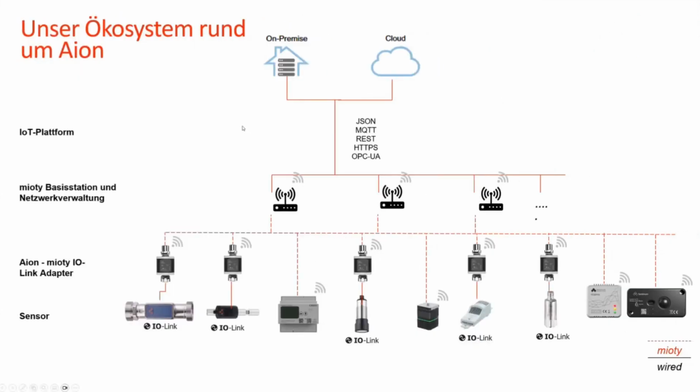What does the ecosystem around it look like? You have a really broad range of sensors that you can take. For example, IO-Link vibration sensors, IO-Link temperature humidity sensors, fill level sensors with ultrasound, fill level sensors with radar, pressure sensors, flow meters, and basically what the IO-Link ecosystem offers.